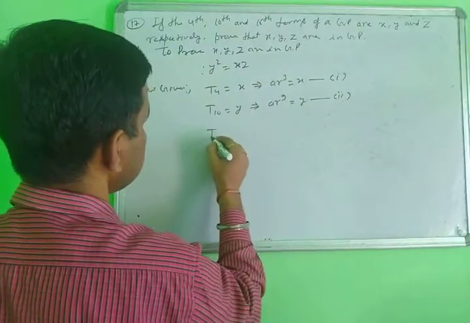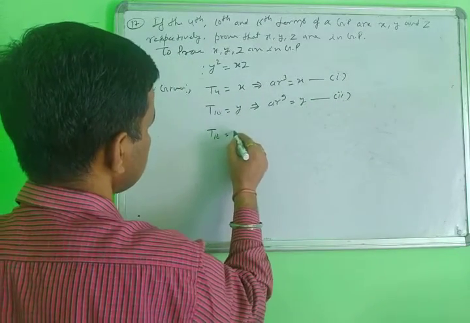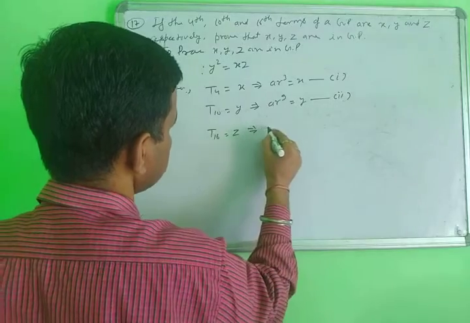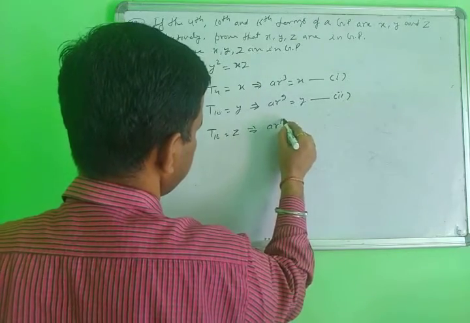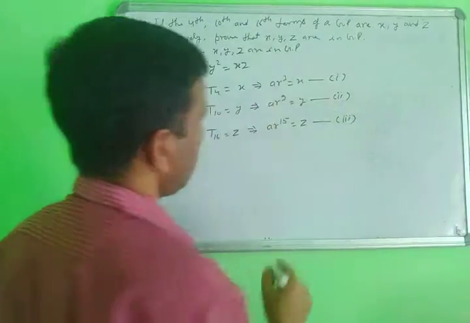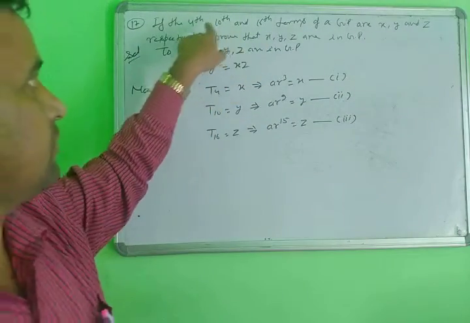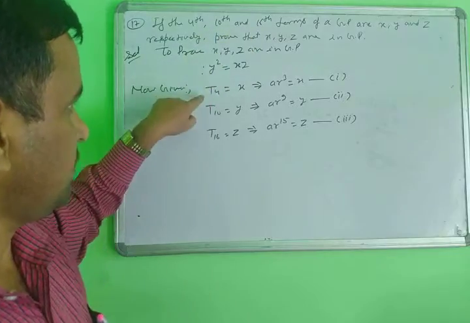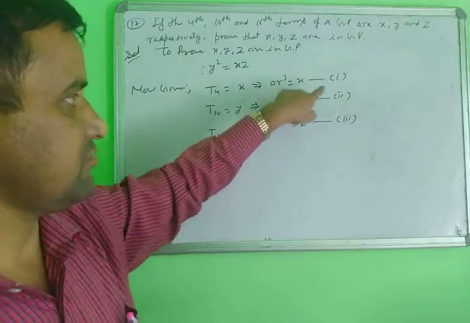And next, T16 equal to Z means AR15 equals Z. This is equation third. In this way, the 4th, 10th and 16th terms are converted into equations first, second, third.